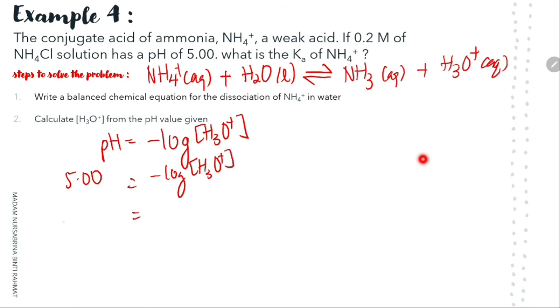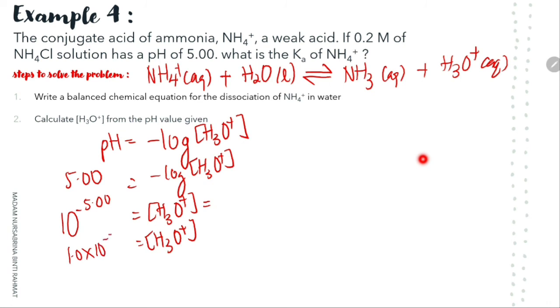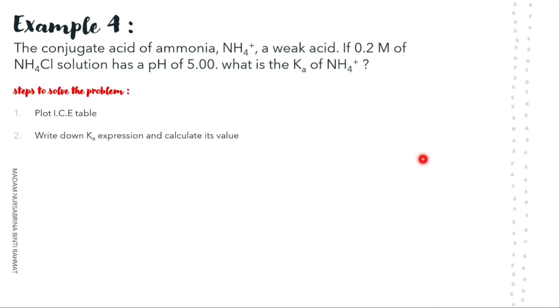H3O plus is 10 to the power of negative pH, which gives H3O plus to be 1.0 times 10 minus 5 molar. It has a unit of molar. After calculating the H3O plus concentration, we can now plot our ICE table.